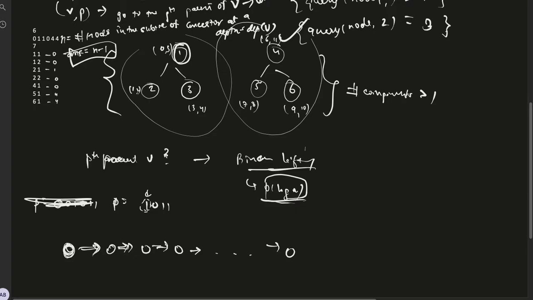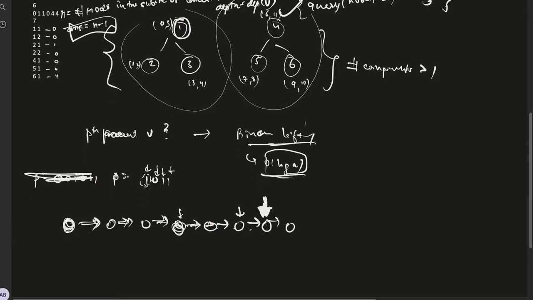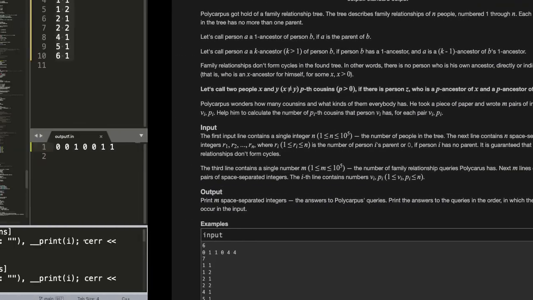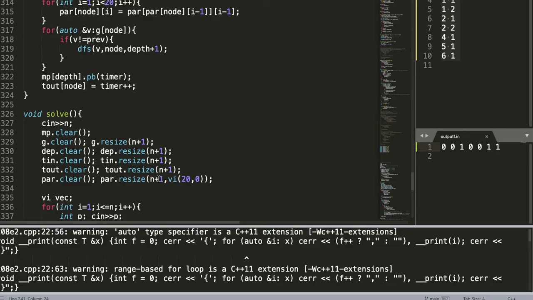Then this bit is off, so we need not shift. This bit is on, so we shift 2 places. This bit is on, so shift 1 place. So this is the required parent, and we efficiently move to consecutive parents by storing a DP array. Now let's move to the code, where I'll explain in detail.